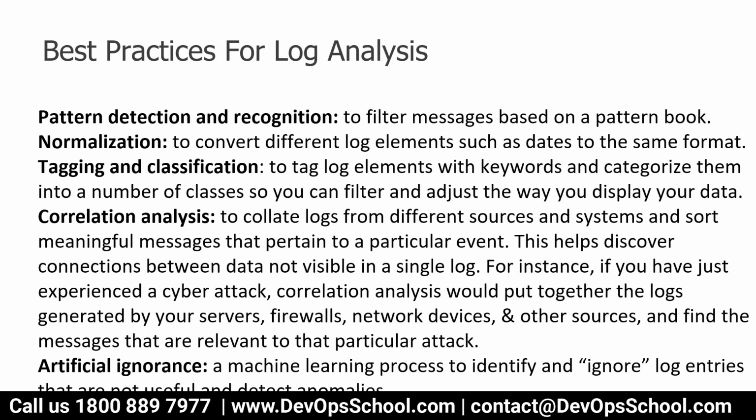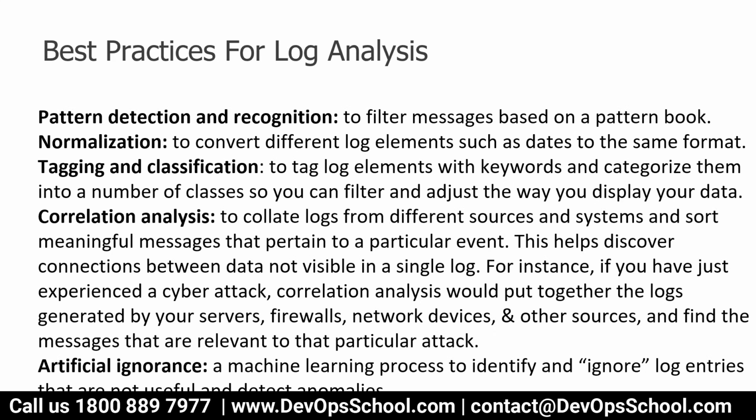So now the next thing is, what are the best practices for log analysis? These are the best practices you need to consider. First one, pattern detection and recognition. Pattern detection means I should detect the pattern and recognize what kind of log it is. For example, Apache log has a certain pattern. Tomcat log has a certain pattern. Windows log has a certain pattern.